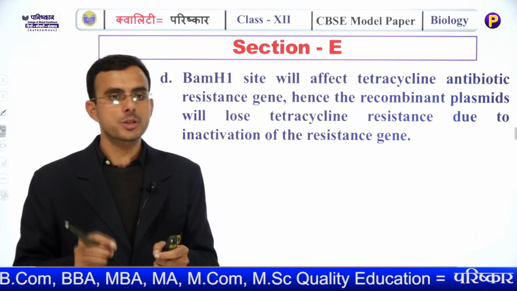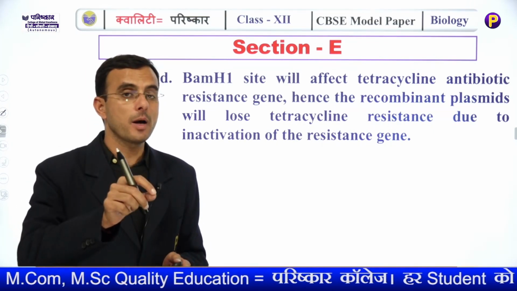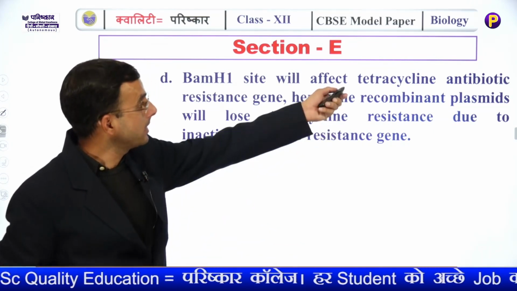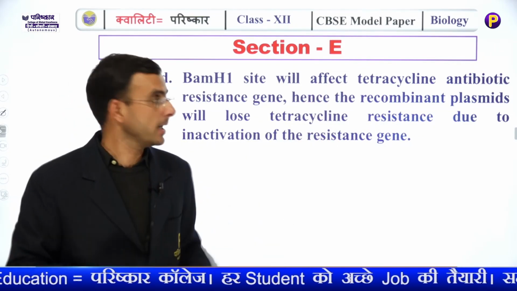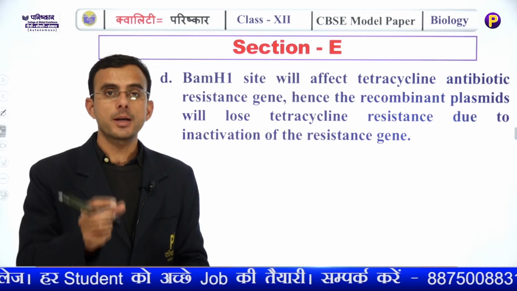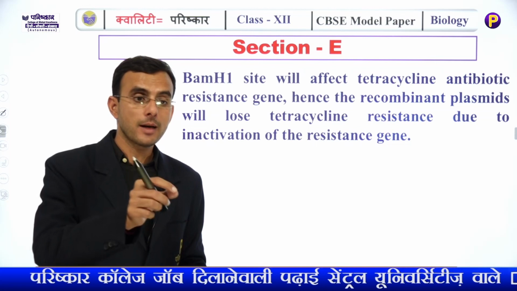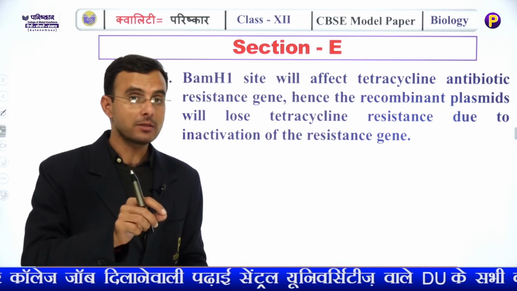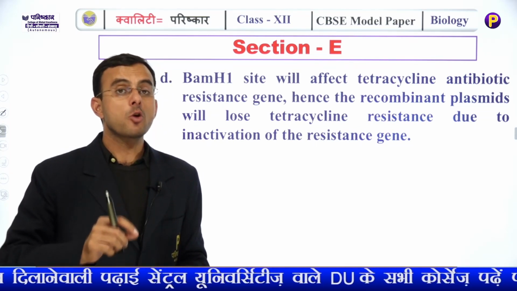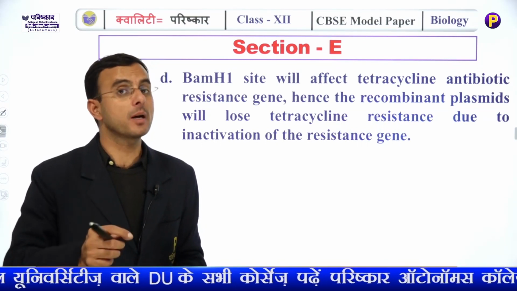So we have to separate that plasmid and incorporate that gene into the antibiotic resistance sequence, and that is the tetracycline. After incorporating that desired gene into the tetracycline resistance gene, the plasmid is not able to provide that facility to the cell to become resistant.